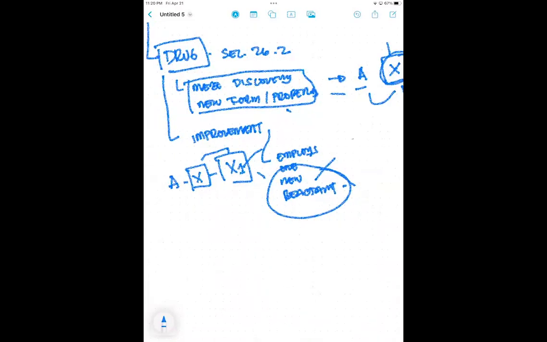And again, yung elements of patentability: it must be new, involves an inventive step, and industrially applicable. Right?